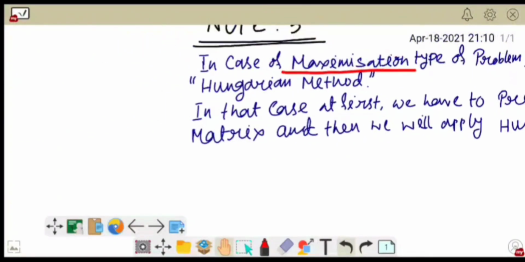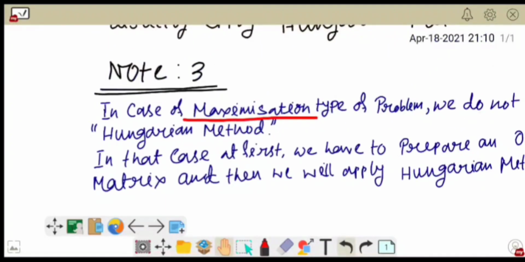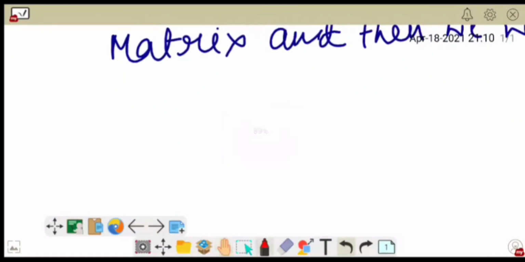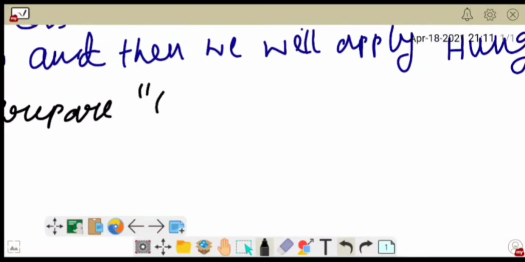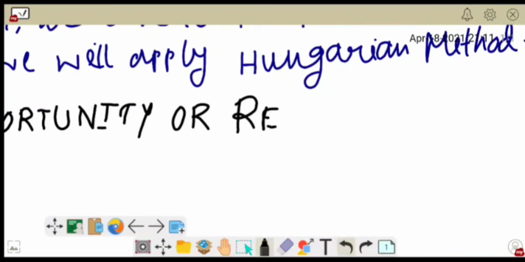So it is my request to you, after completing note number 3, change the para and write down the question: how to prepare opportunity or regret matrix.